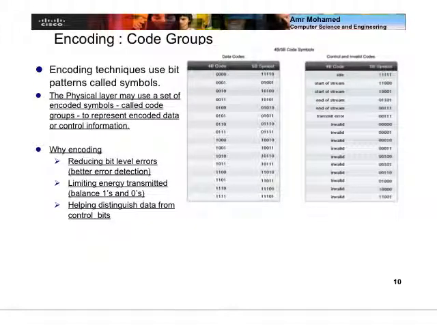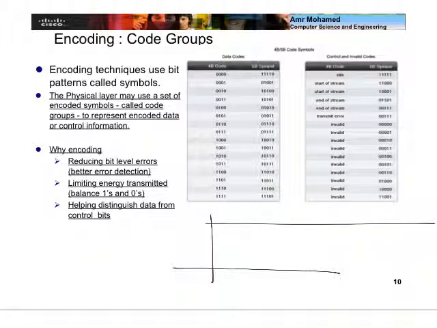The other benefit is that we limit the energy transmitted, again by introducing changes in the bits. If you have a stream of ones, for example, it tends to have a positive signal all the way, so the average voltage will be high.